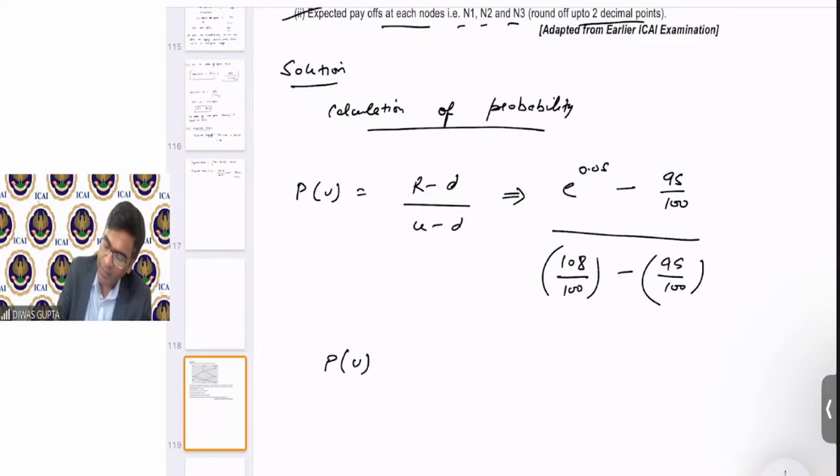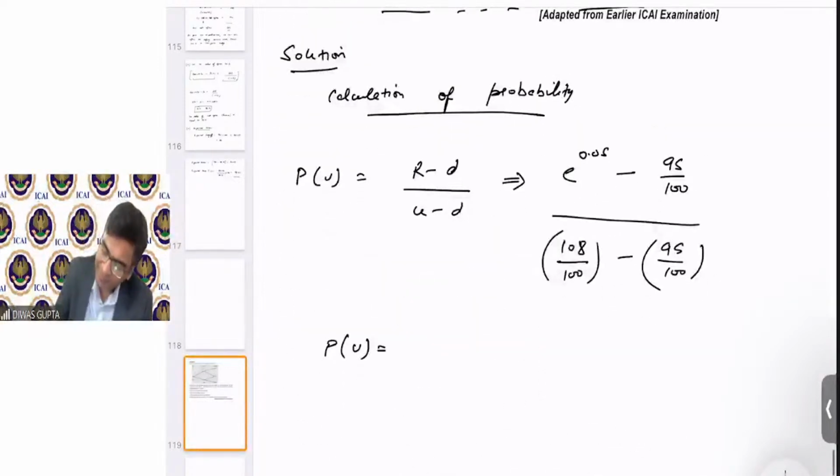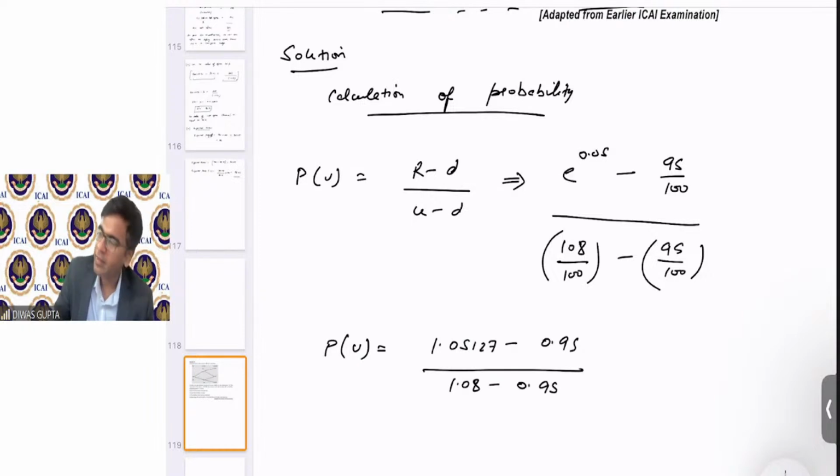So probability of prices going up. So e raised to the power 0.05 is actually given by 1.05127, minus 95 divided by 100. So 0.95 divided by 1.08 minus 0.95, which is actually equal to 77.9 percentage.